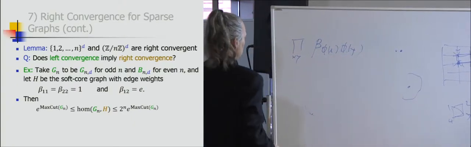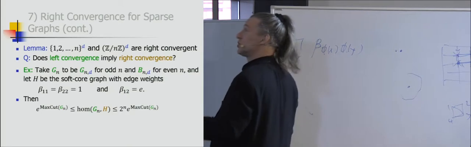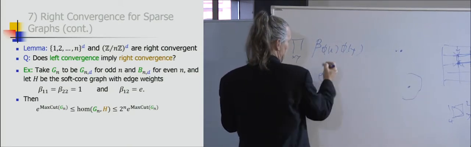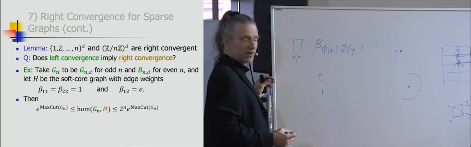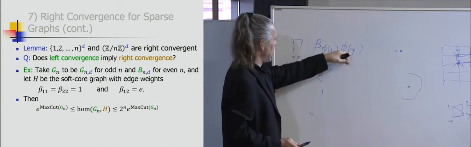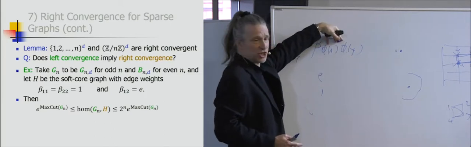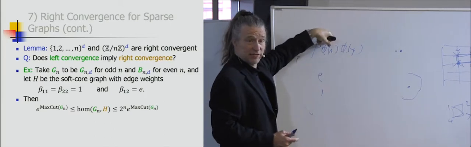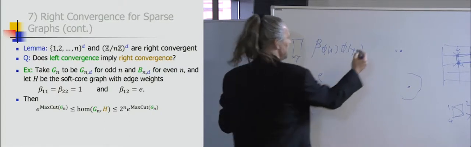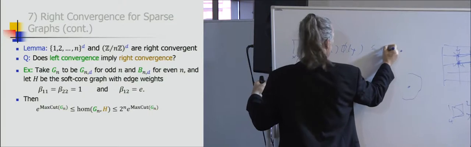And this one will be e if they're different, and 1 if they're equal. So how can I make this maximal? Well, I can make it maximal by having as many edges as possible where the colors at the two endpoints are different. That's max cut. So you can clearly bound this by e to the max cut.